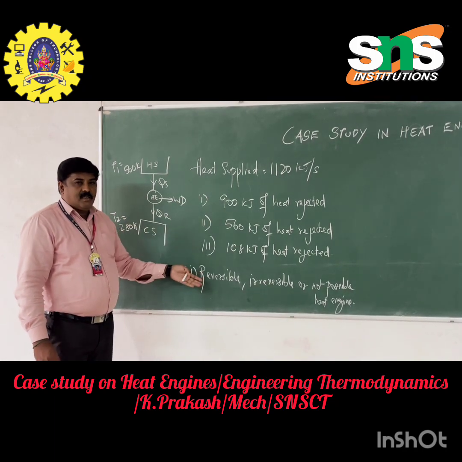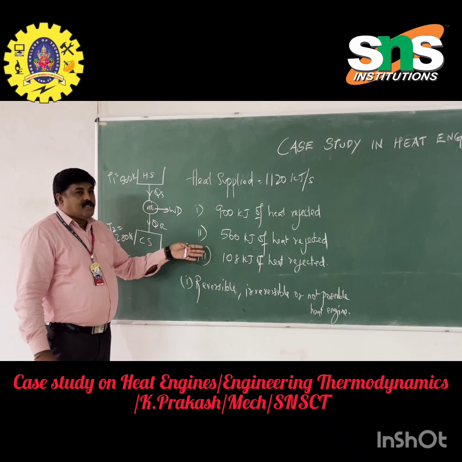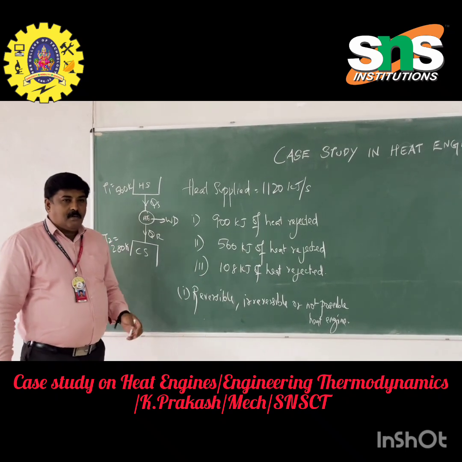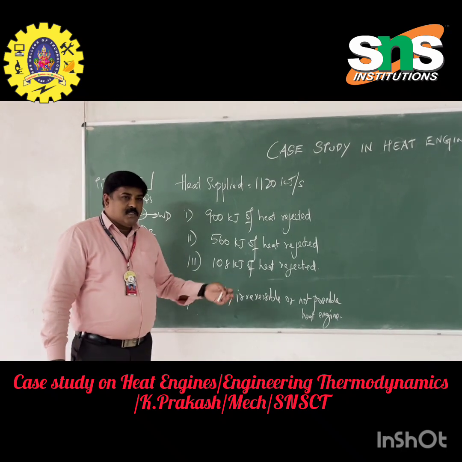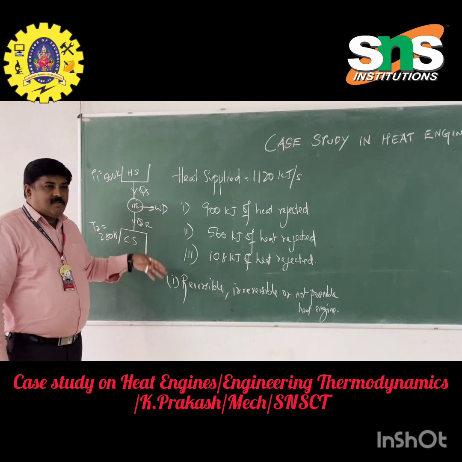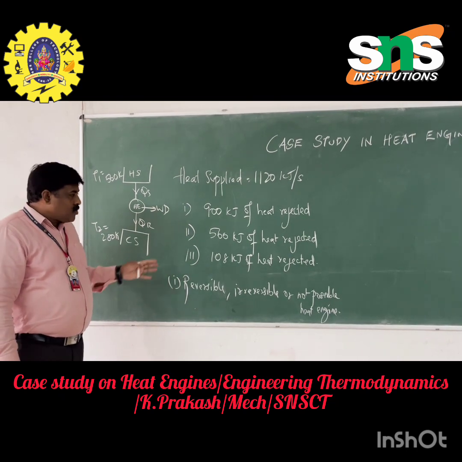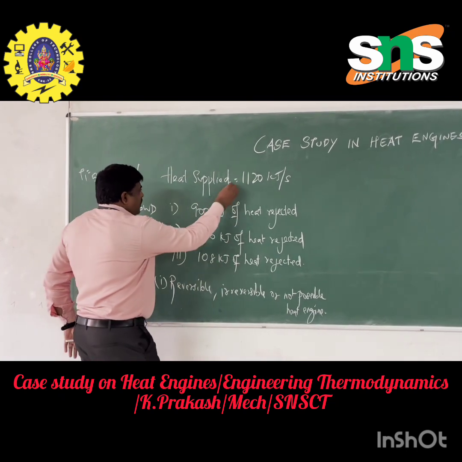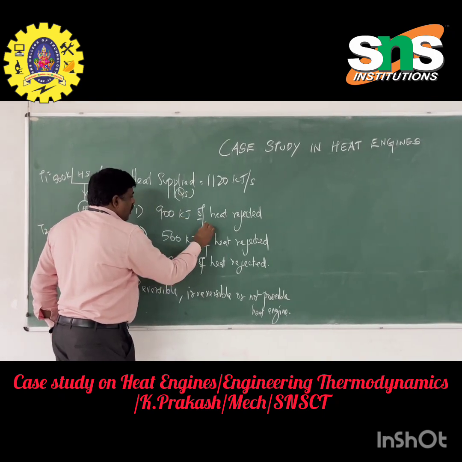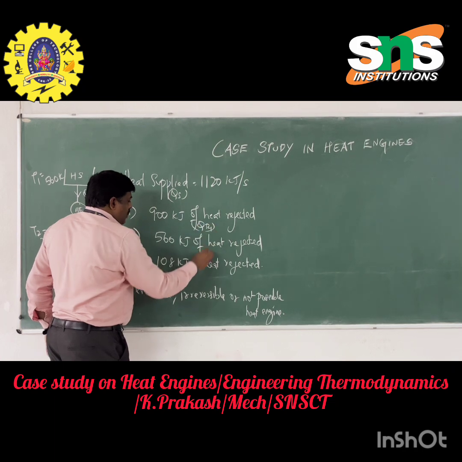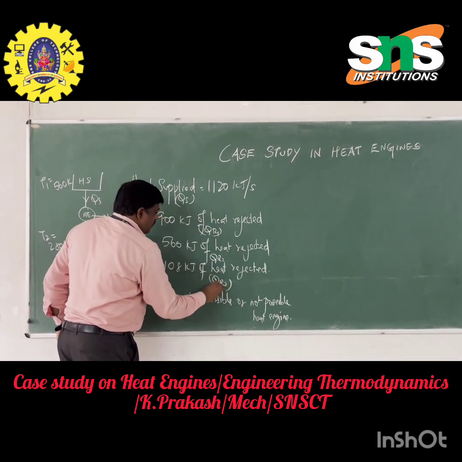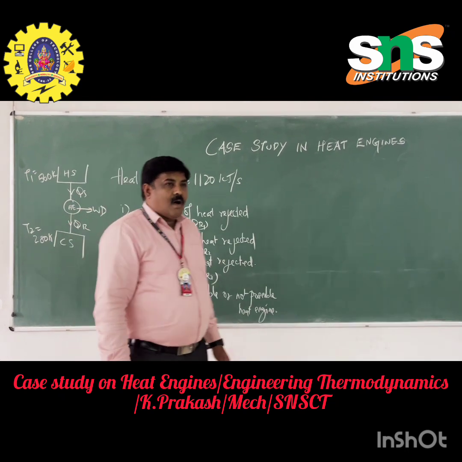Based on these conditions, we have to find out whether it is a reversible heat engine, an irreversible heat engine, or not a possible heat engine. Here we take the heat supplied as Qs and the heat rejected as QR1, QR2 and QR3.